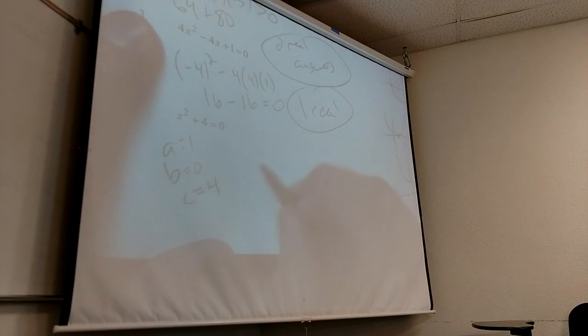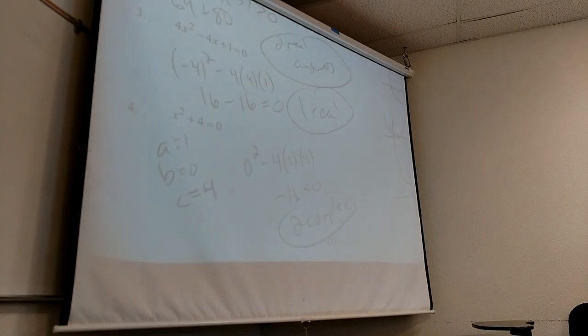Okay, let's see. So b squared, 0 squared minus 4ac. So you definitely get 0 minus 16. You get negative 16, which is less than 0. So you get how many, what kind? 2 complex. Beautiful.